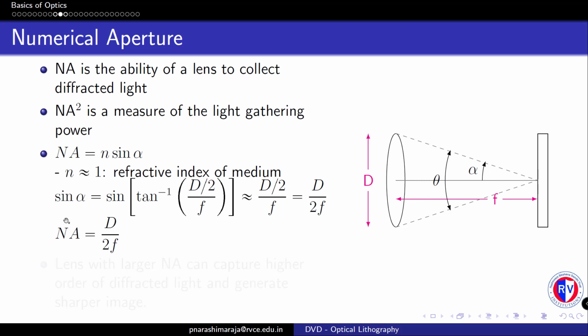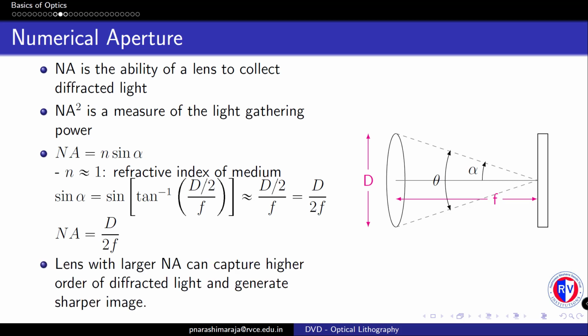So considering that the value of n is 1, one could approximate the numerical aperture to be the radius of the lens divided by the focal length of the lens. A lens with a larger numerical aperture can capture higher orders of diffracted light and generate a sharper image.